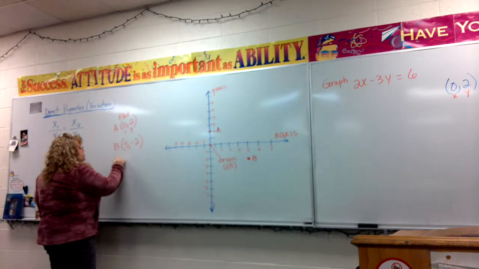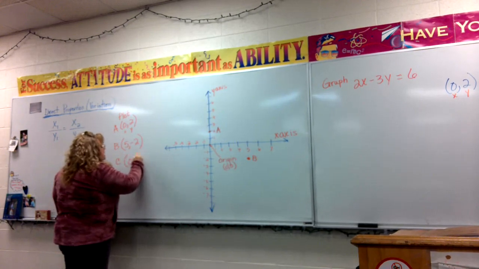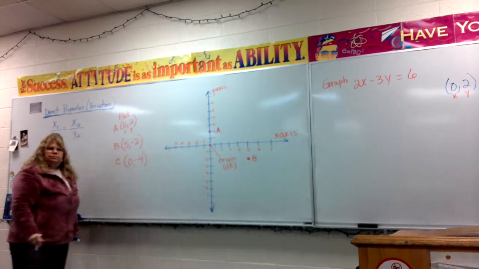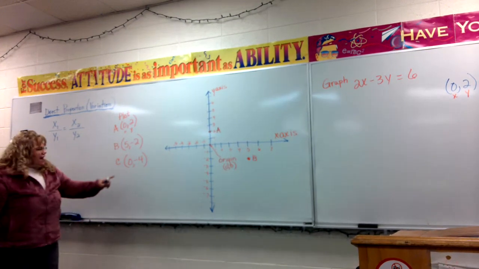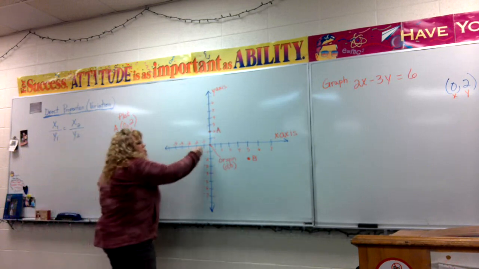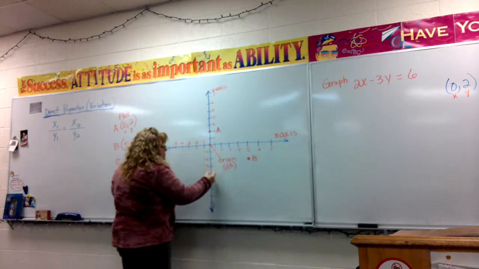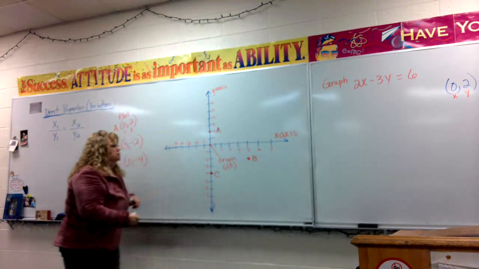What if I ask you to plot point C? How about (0, -4)? 0 right or left, and then 4 down. Right there.